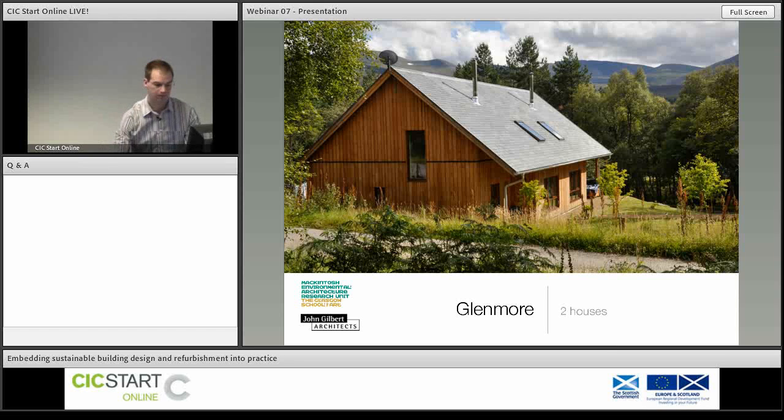So these are 2 houses by John Gilbert Architects up at Glenmore, and these were code level 4 and 48% less carbon emissions than the building standards at the time, he says.